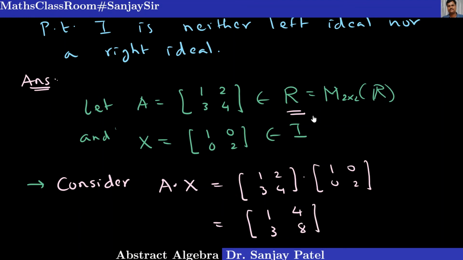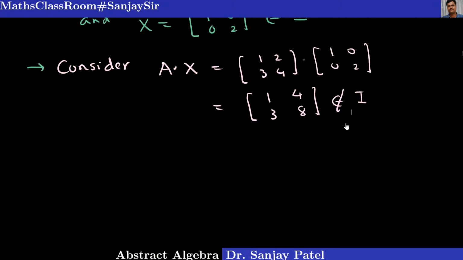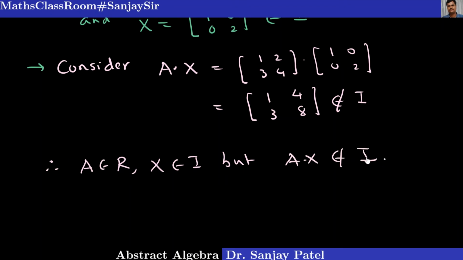So A belongs to R, X belongs to I, but A into X we are getting this matrix, which is not a diagonal matrix. So this is not a member of the set I, because I contains the set of all 2 cross 2 diagonal matrices. Thus we have A belongs to R and X belongs to I, but A into X does not belong to I. You can prove it in a general form also, but we are taking this particular case to understand easily.